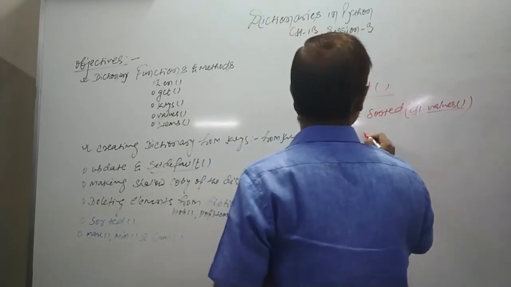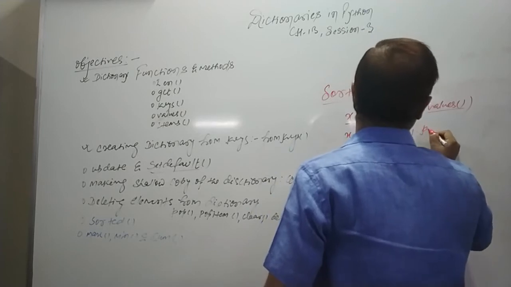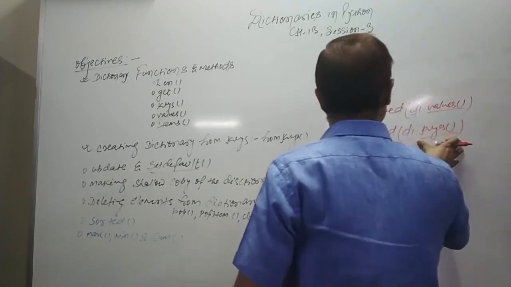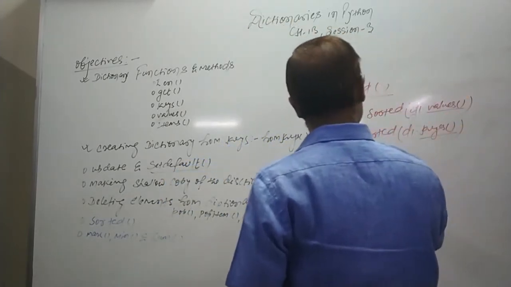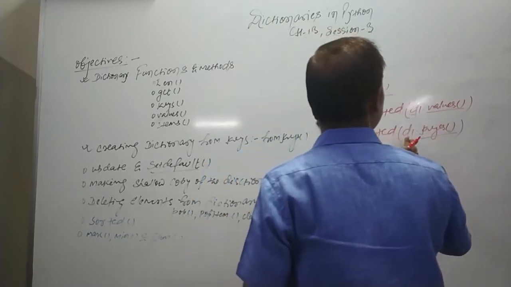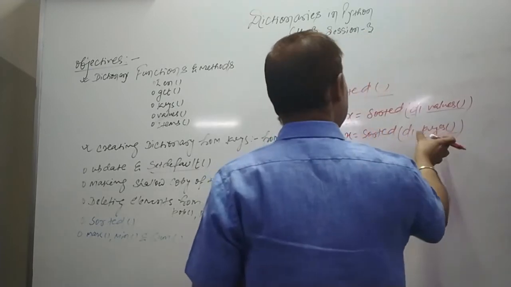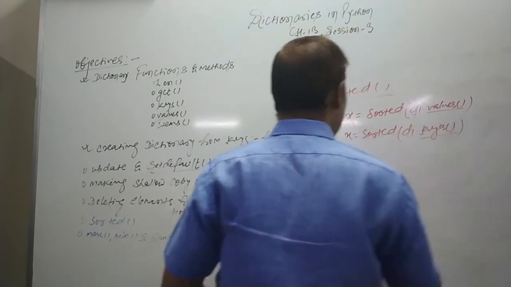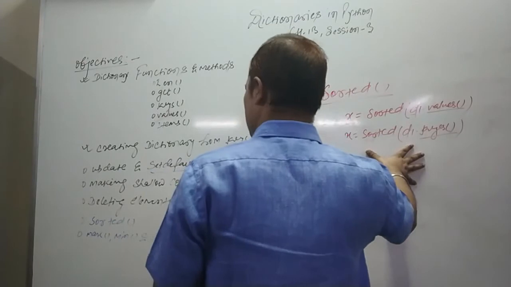If you say x = sorted(d1.keys()), again it will sort all the keys, the same as if you mention nothing. So x = sorted(d1) will give you the same result as x = sorted(d1.keys()), because d1.keys() gives you all the keys as a return, which is sorted and stored in x. So these are the different ways to pass a value to the sorted method. On the basis of that, the dictionary will be sorted.